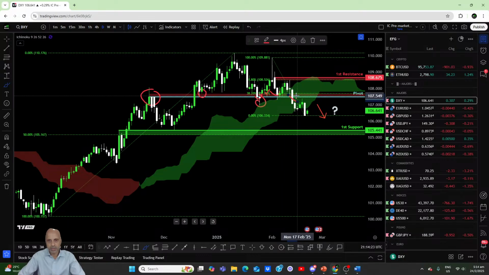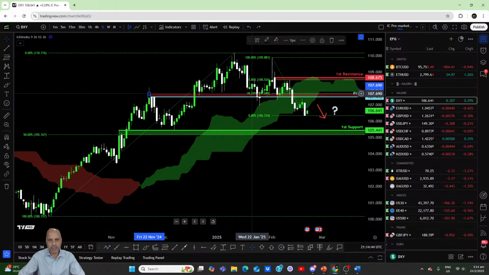And of course, once the bearish breakout took place, you can see this retracement that occurred midweek last Wednesday, 19th of February, ran into resistance close to the pivot as well. So the pivot at 107.49 is actually an overlap resistance. It's also accompanied by a Fibonacci retracement at 38.2%.